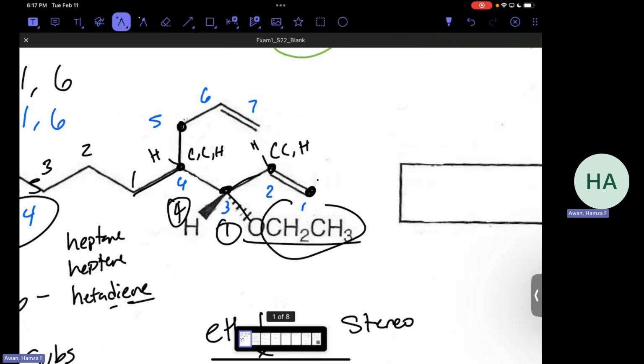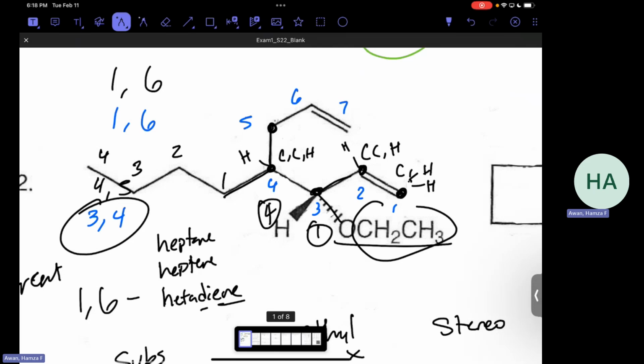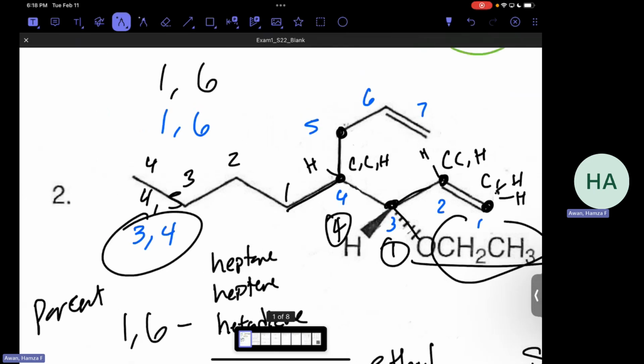So whenever we look at that, then we have a C, comma C. Well, this carbon is a double bond carbon, but it's connected to 2 hydrogens, right? So HH, and then I'll just put C because it is a double bond. And then this top one, we have number 5. This is connected to 1 carbon and 2 hydrogens again, right?